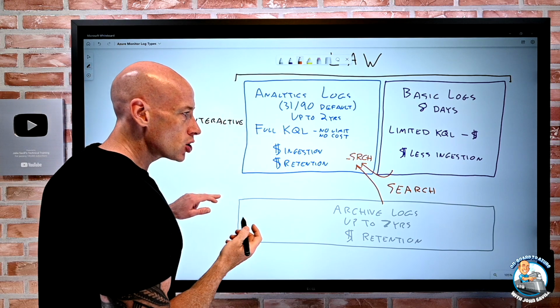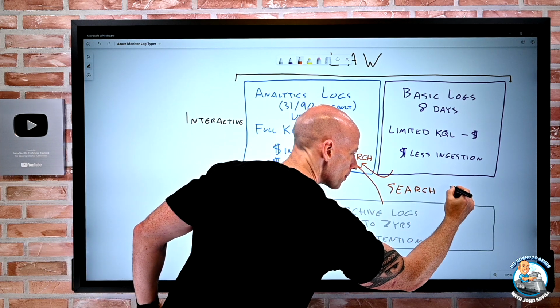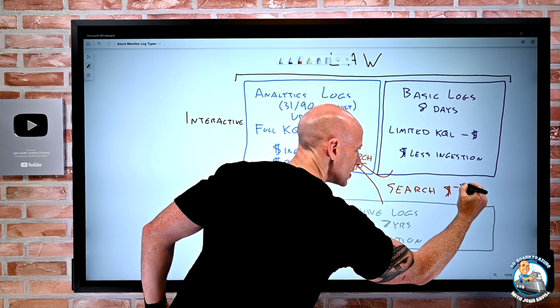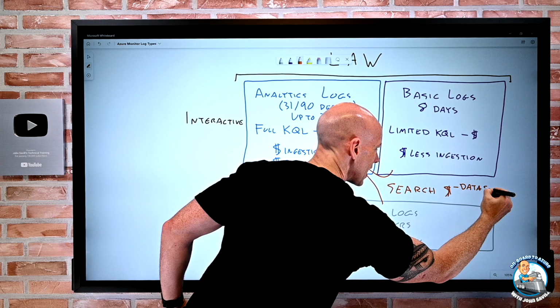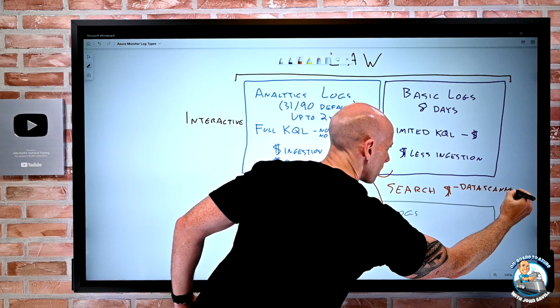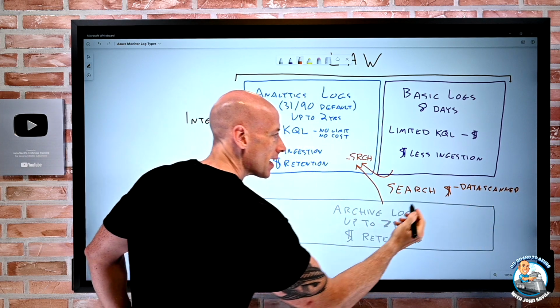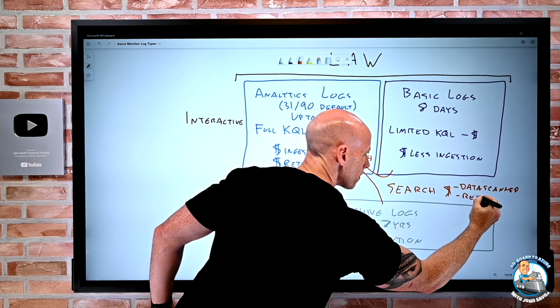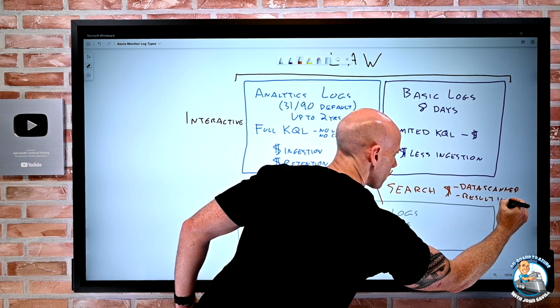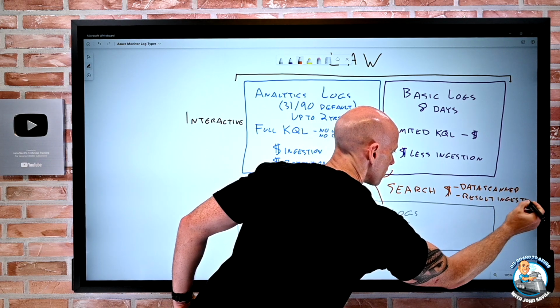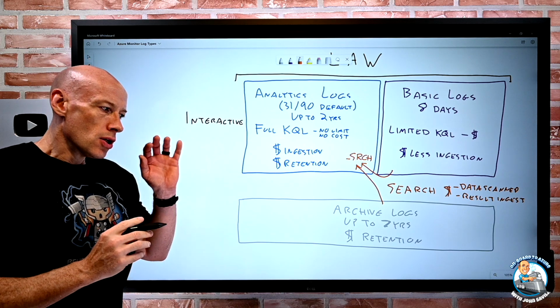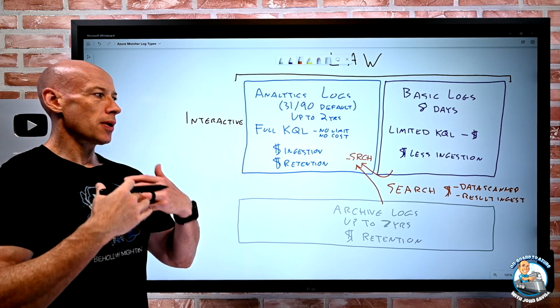So I can perform this search, and what I pay for is the amount of data scanned, and then I pay kind of that result ingestion. So those two things are what I'm going to pay for.